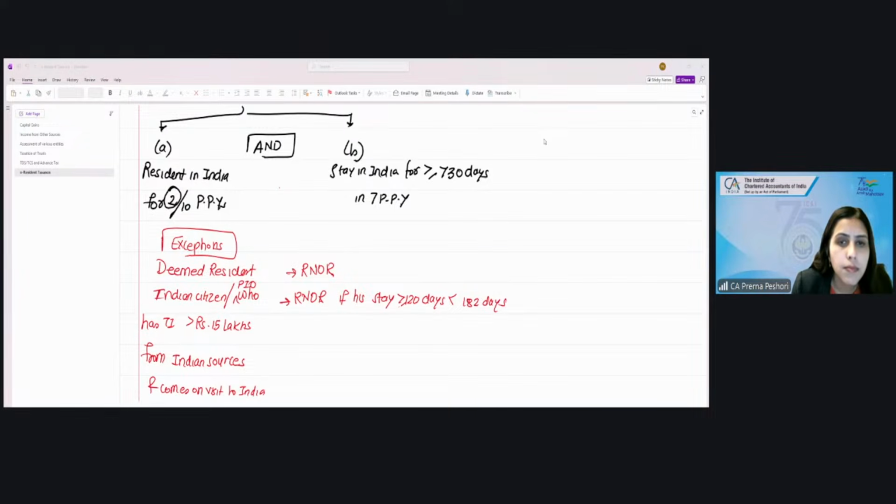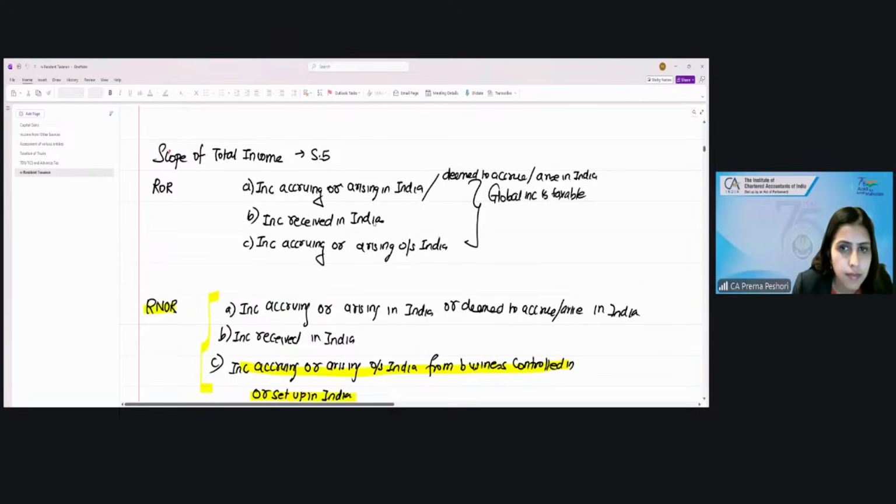It is income received or deemed to be received in India, and income accrued or deemed to be accrued in India, and income from business controlled from India or profession set up in India. That is for RNOR. For ROR, global income is taxable in India.